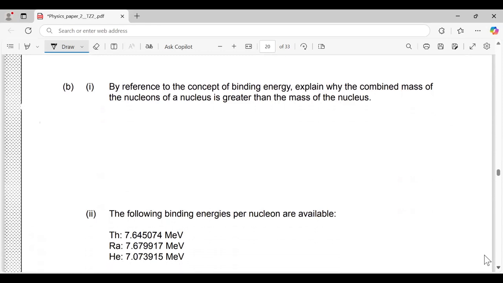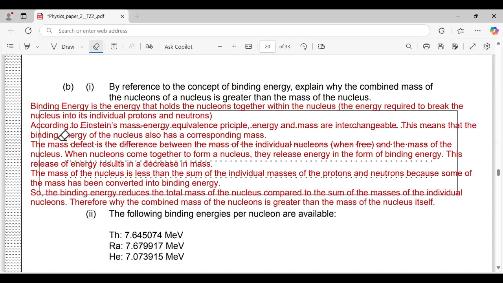By reference to the concept of binding energy, explain why the combined mass of the nucleons of a nucleus is greater than the mass of the nucleus. I have provided also my explanation about it. There are several pieces of information before my conclusion. The first, binding energy is the energy that holds the nucleons together within the nucleus, or the energy required to break the nucleus into its individual protons and neutrons.